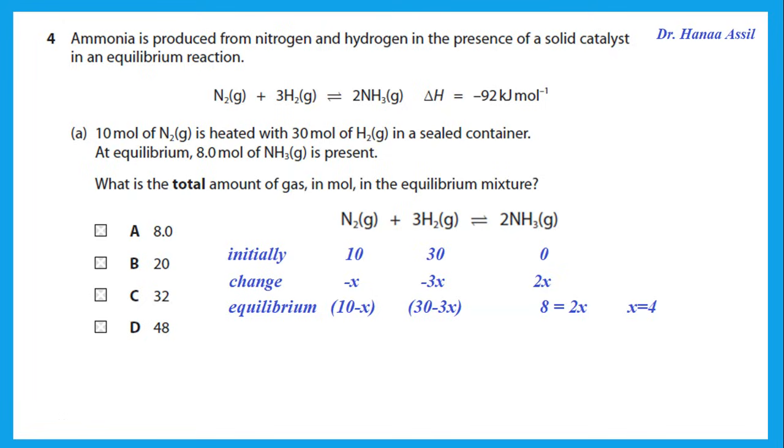So the 2X represents 8 moles, and that means each X would be 4, and at equilibrium I have 6 moles of nitrogen, 18 moles of hydrogen, that's what is left, and the 8 moles of ammonia that were formed, and the total of that is 32. We call this the ICE chart, and we use this to get the number of moles for a reversible reaction.